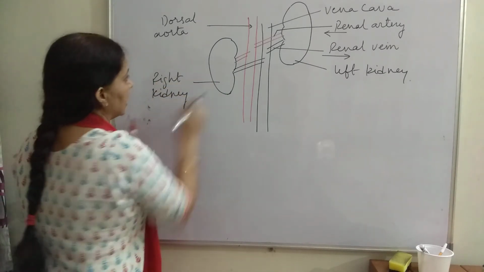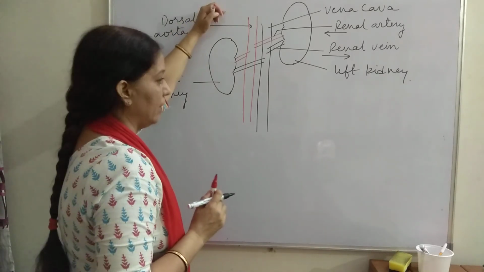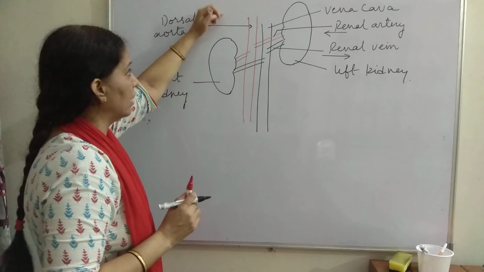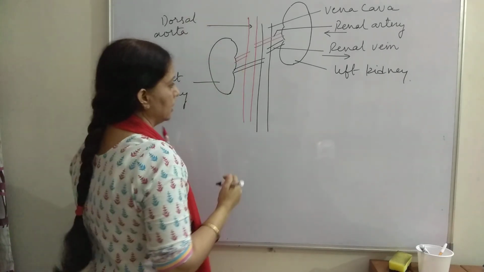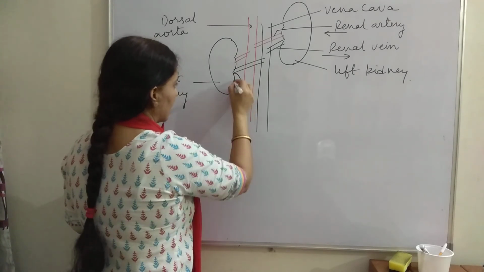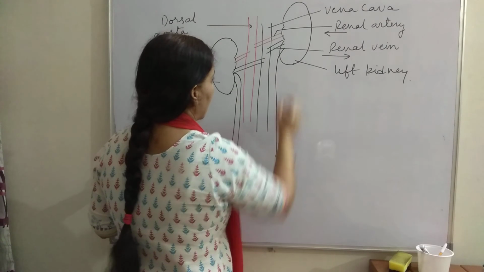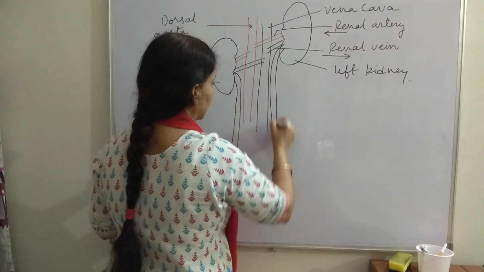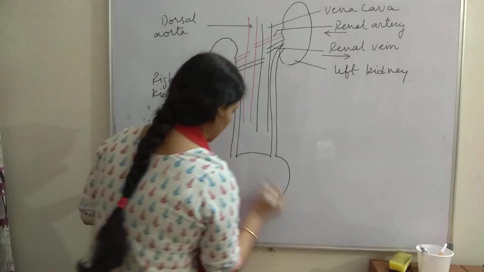Why is the right kidney slightly lower than the left one? Because there we have to accommodate the liver. For accommodation of the liver, this kidney is slightly shifted downwards. Now another pair of tubes arises from each kidney, running downwards and joining a muscular bag.